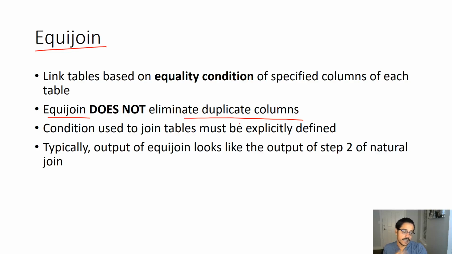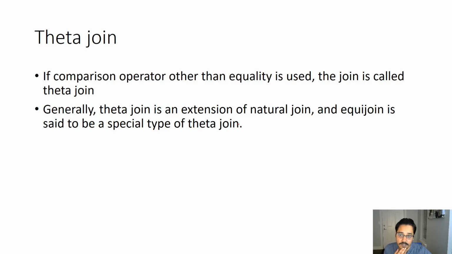In natural join, you might have this question: what if there are no attributes which are common across the two tables you're trying to perform the join on? Well, your output is going to be null in that case. However, here you can specify that if the data type matches but the names of the columns don't match, you can still perform equijoin on top of that, as long as they satisfy the data type and you can perform the equality. So that is where equijoin differs from natural join.